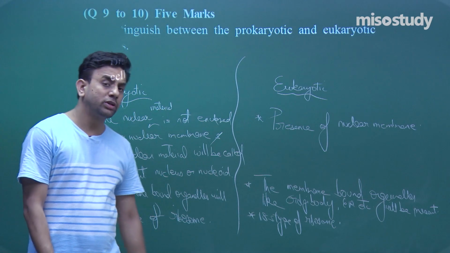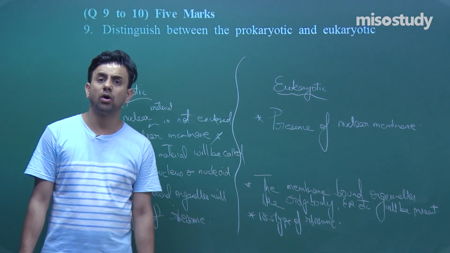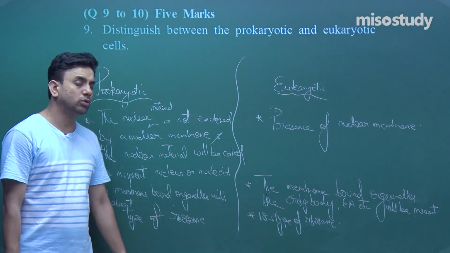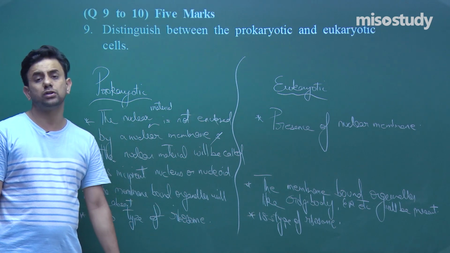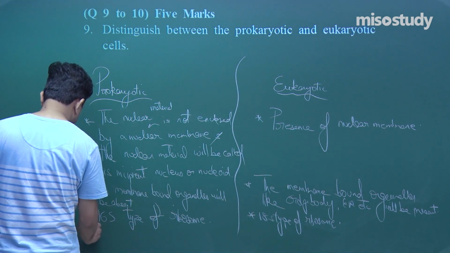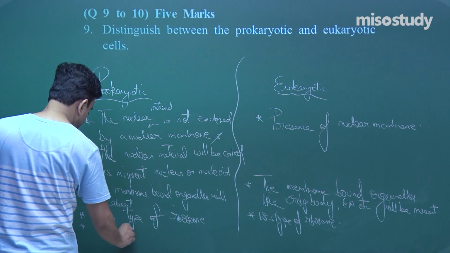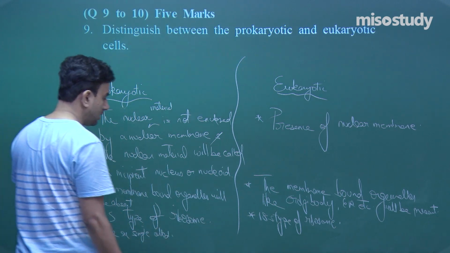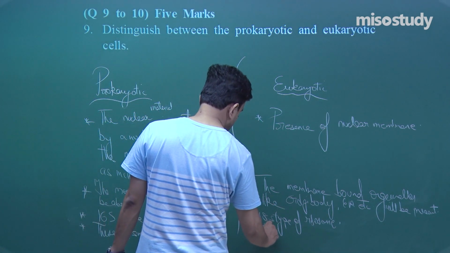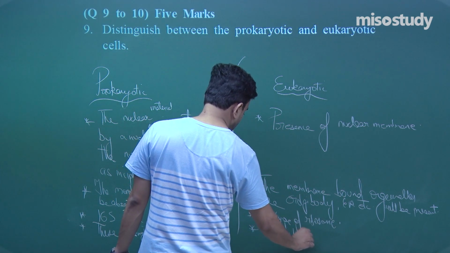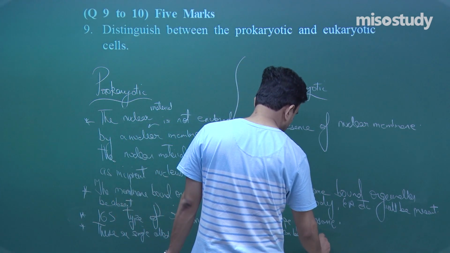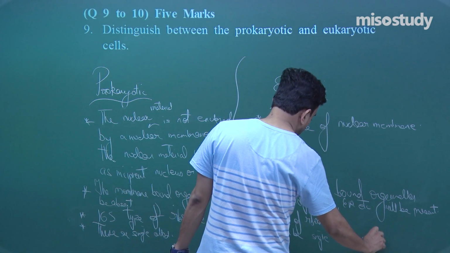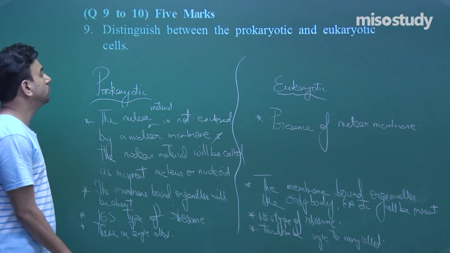The prokaryotes, again, can be of various sizes. Even the eukaryote can be of different sizes and different multicellularity. The prokaryotes are usually single celled, while the eukaryotes can be single to many celled.